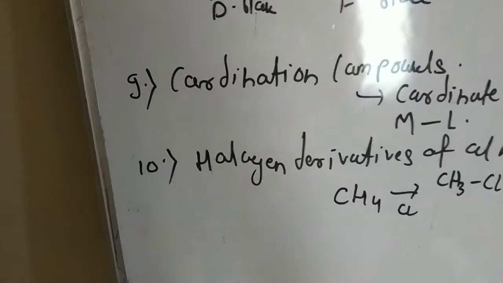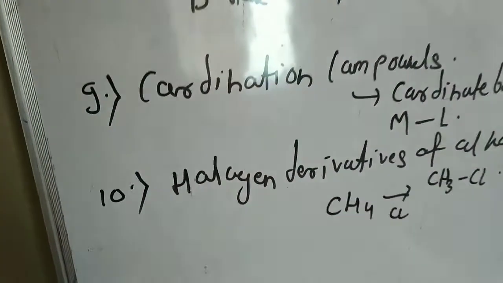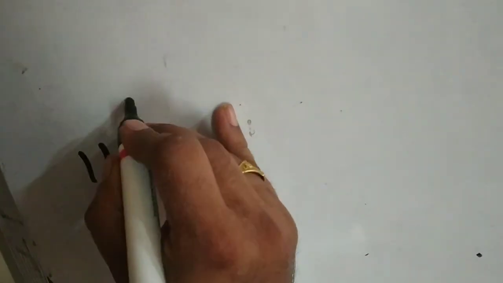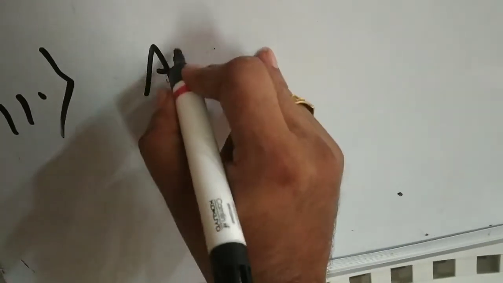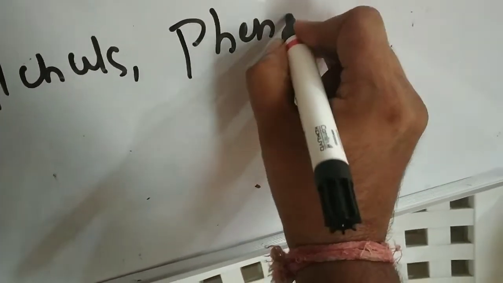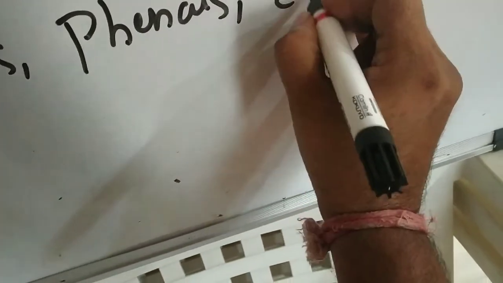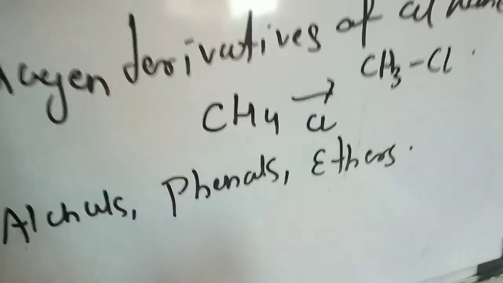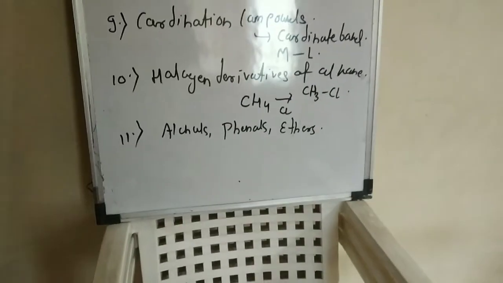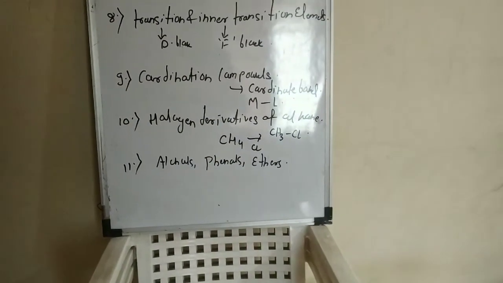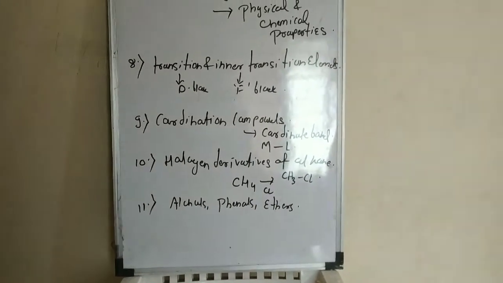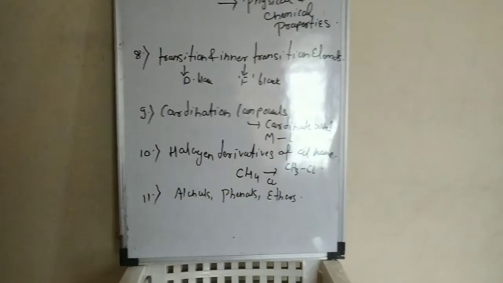Okay, then next we'll be discussing the 11th chapter, alcohols, phenols and ethers. Alcohols, phenols and ethers. Okay, now in this particular chapter we will be discussing their preparation methods, their physical and their chemical properties, right?